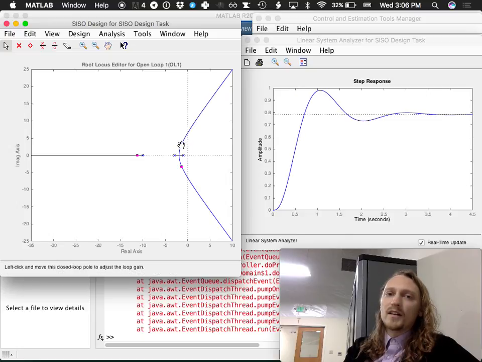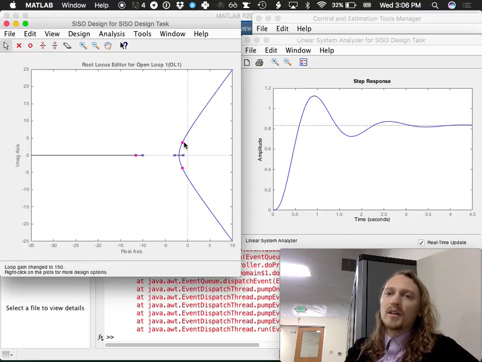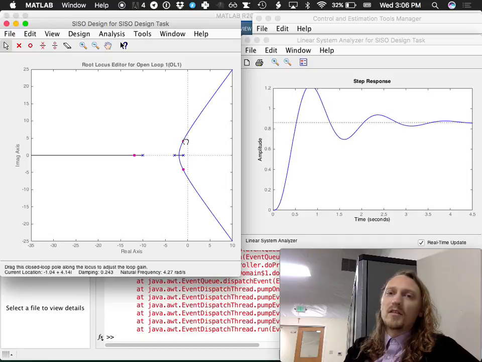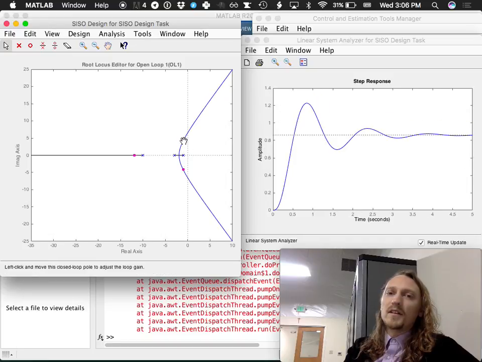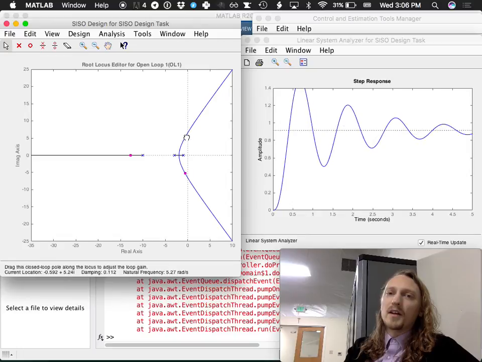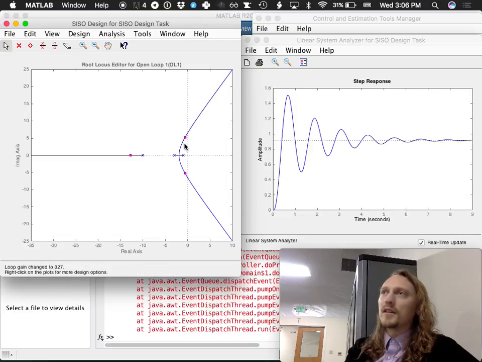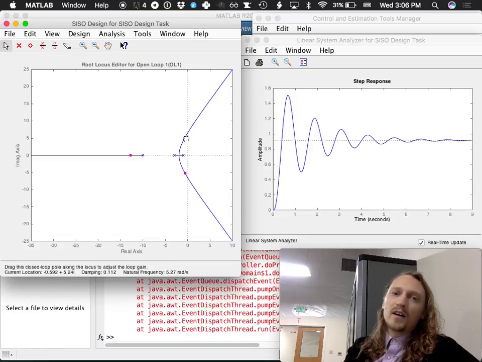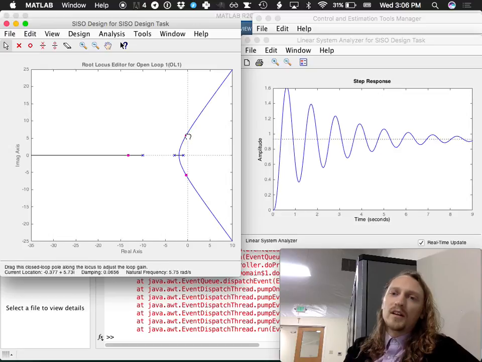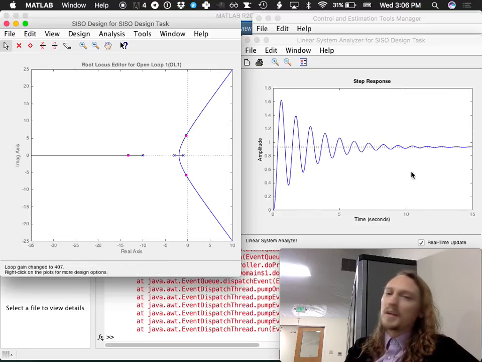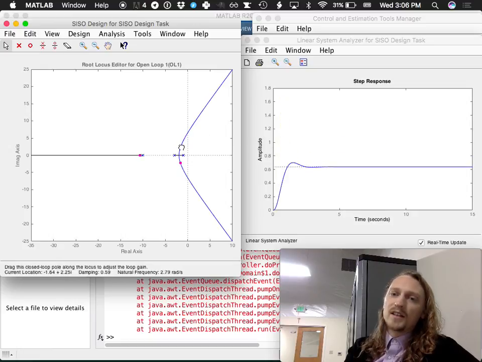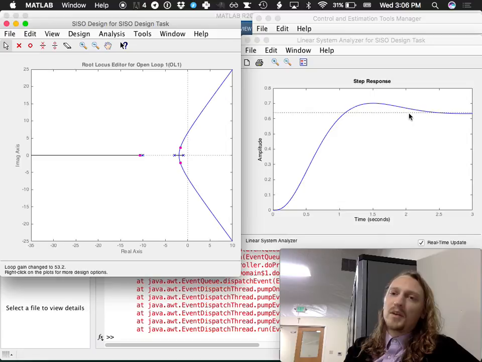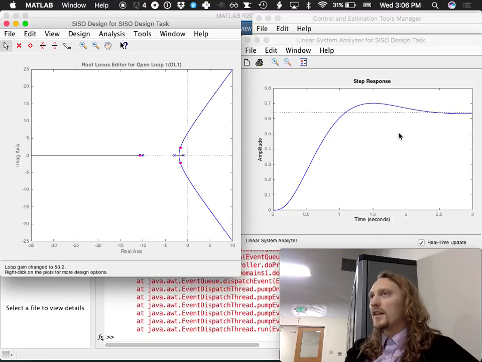So if I continue to drag it up, we're getting greater and greater overshoot, right? And our settling time keeps rescaling, but now we're at like 15 seconds to settle. Whereas down here, in just a few seconds it settles. Okay, so that's like one way. So you can get a feel for the gain adjustment.